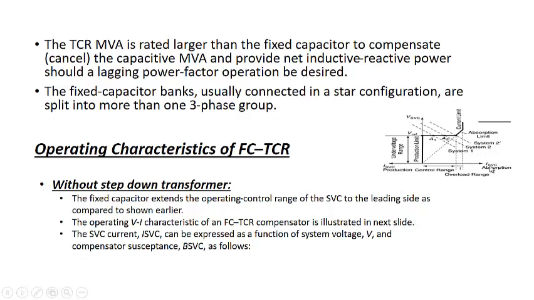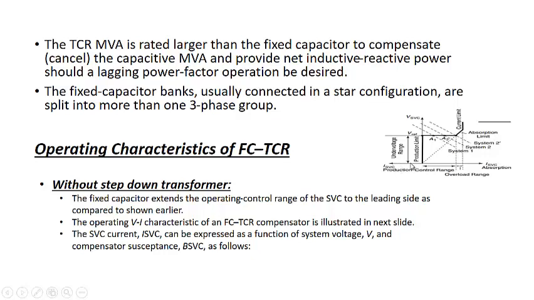Actually, this is the ISVC current. ISVC will be equal to IL minus IC. When IC is more as compared to IL, you will see ISVC will be in the negative direction. That's why we will have the control range in this leading power factor or leading current range.